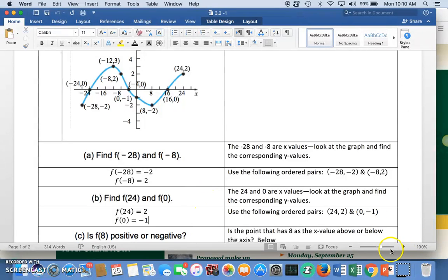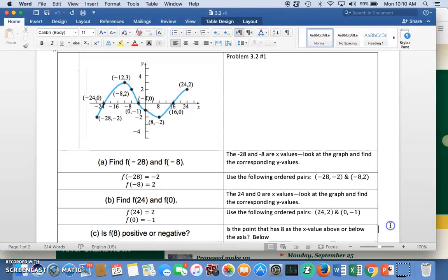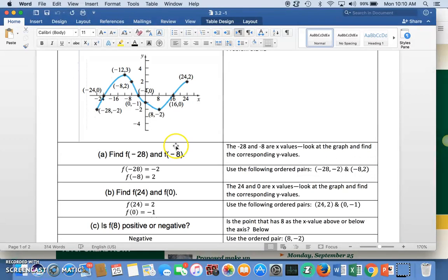Then it asks you for f of 8, is it positive or negative? Well, you go to where x is 8. The point is 8, negative 2. So f of 8 is referring to the y, and the y is negative.